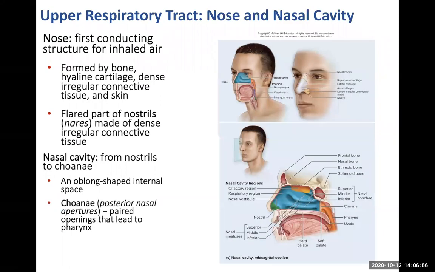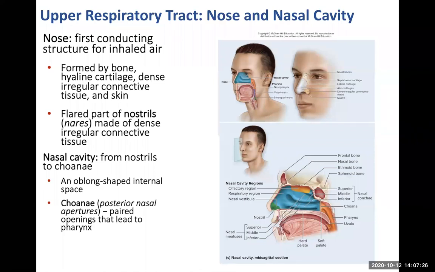Okay, so now I'm going to run through the structures of the upper respiratory tract, right? A lot of this is going to be information you already know because we've talked about it in other contexts, or you've learned it in lab, okay? So the nose: what I want you to know is it's the first conducting structure for inhaled air, right? It's made up of cartilage, and then underneath the cartilage, dense irregular connective tissue, and then of course skin.